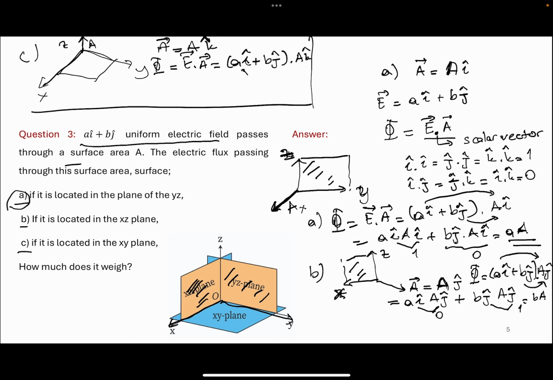You can see i multiply k gives 0 because they are different. And look at this part: b z multiply A k gives again 0 because you multiply different unit vectors. Of course, in the scalar product you will get 0. So 0 plus 0 gives 0.